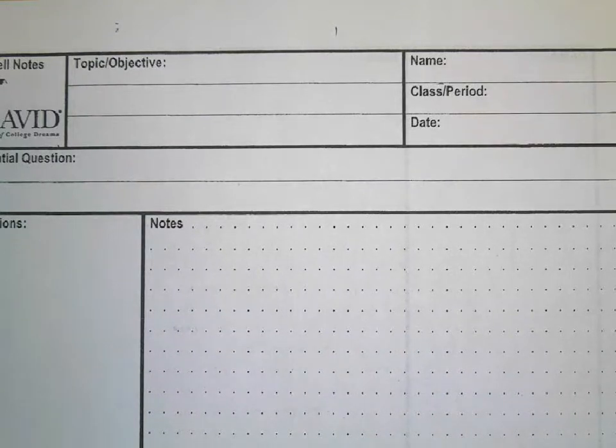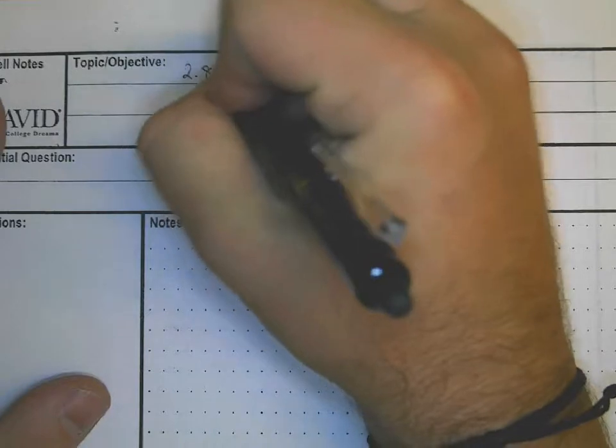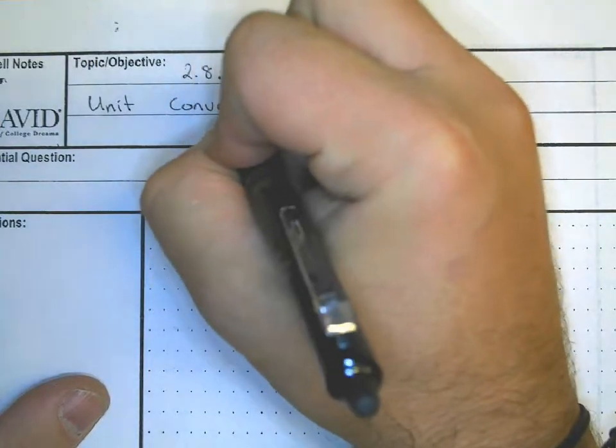In this video, we're going to be looking at section 2.8.2, unit conversion.